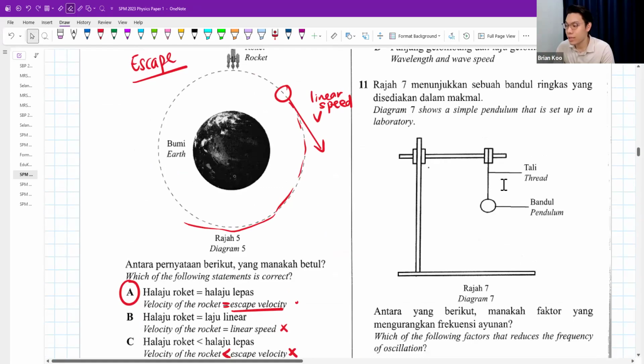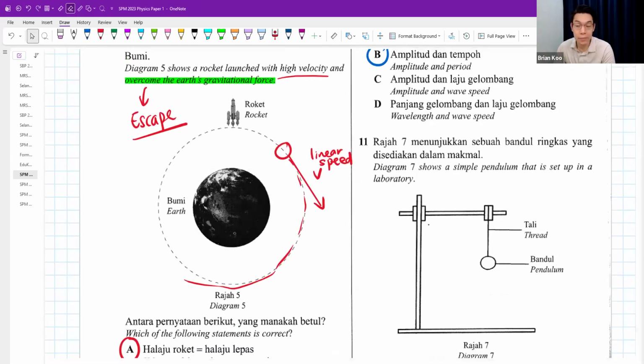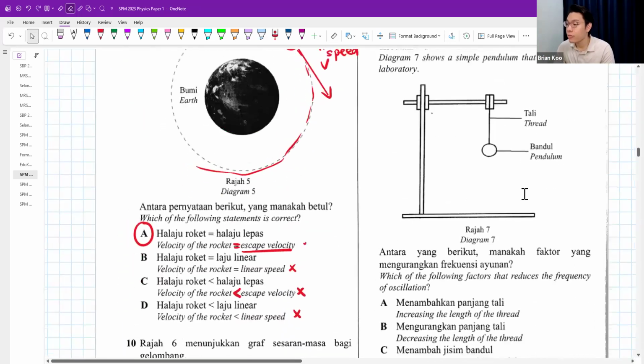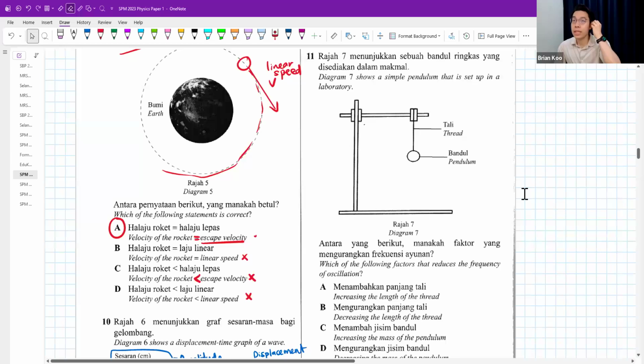Which of the following factors can reduce the frequency of oscillation? Reduce frequency means... frequency is how many times you can oscillate in 1 second. So you want it to oscillate fewer times in 1 second.